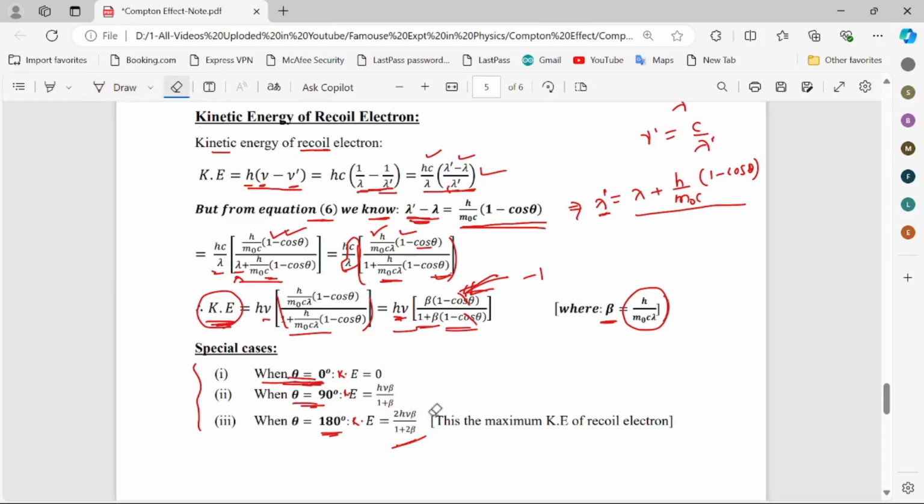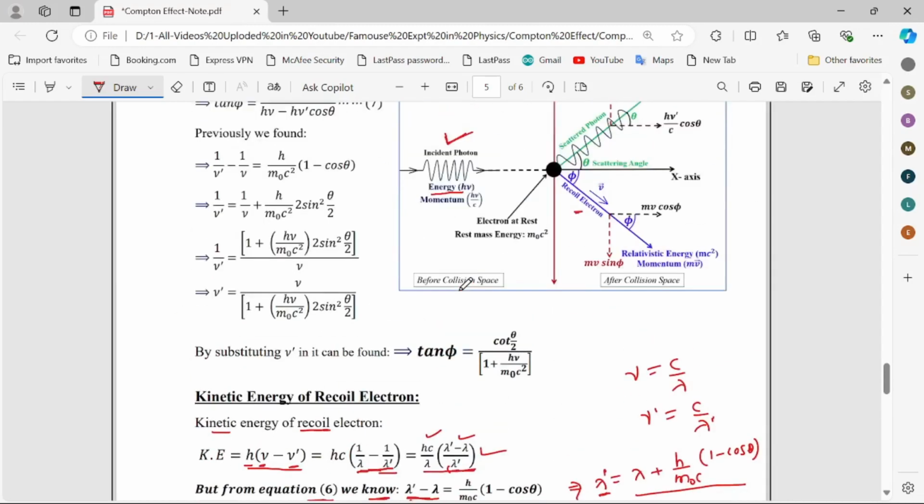If we compare these three values of kinetic energy at three different scattering angles, we can see this is the maximum kinetic energy of the recoiled electron, which we get for a scattering angle of the photon of 180 degrees.